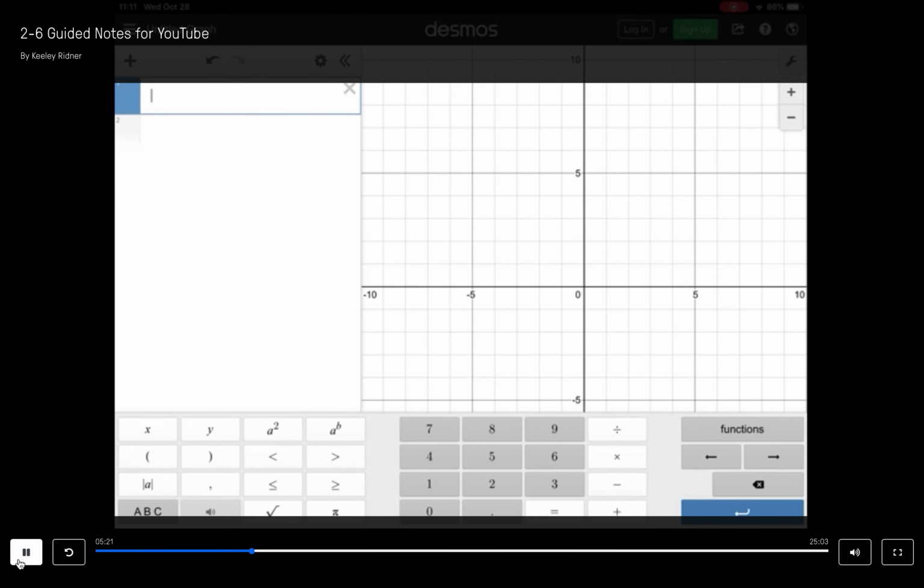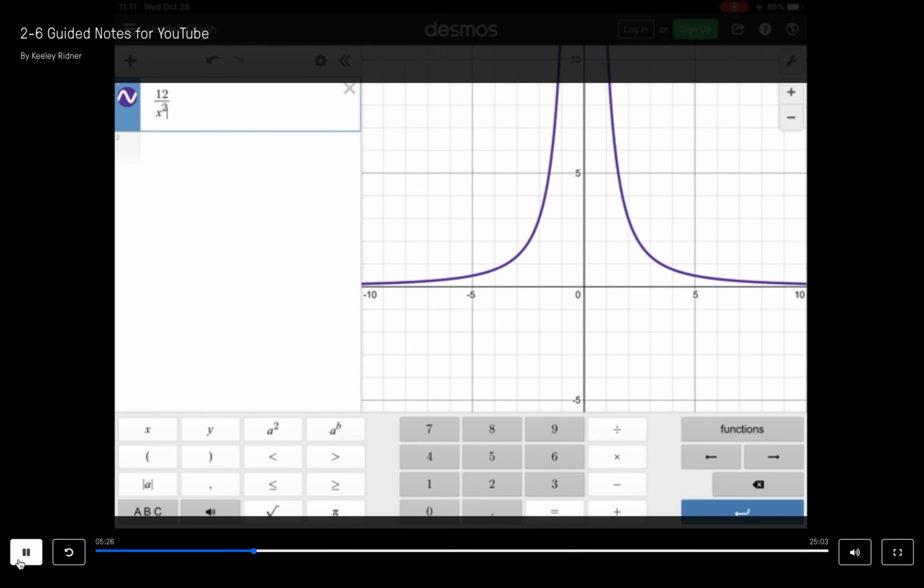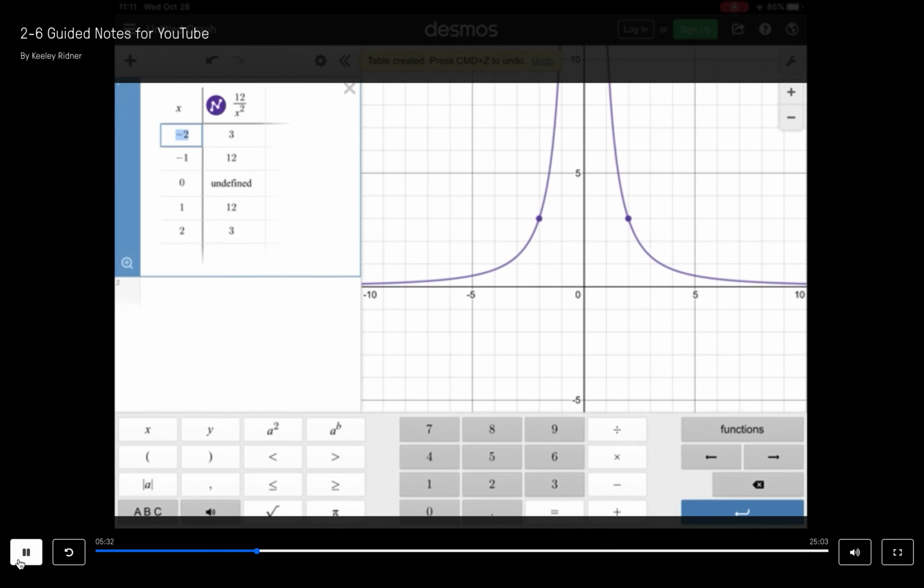So delete what's there. I'm going to do 12 because that's what was under our radical, divided by x squared. We don't care what the graph looks like. Don't stress about the graph. I'm going to hit settings and show my table here. And what I want to do is put in some x values until I get something less than 1.